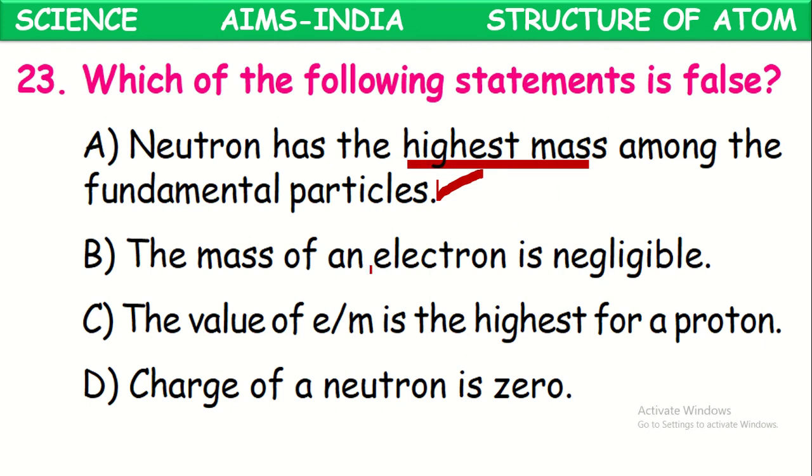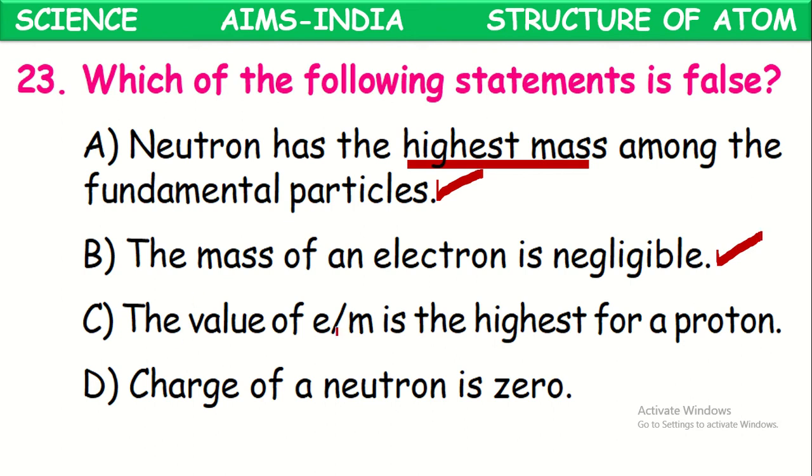Next, the mass of an electron is negligible. It is also correct because compared to the mass of proton and neutron, the mass of an electron is very small. It is almost 1840 times smaller than that of a proton. So it is negligible, we can say.